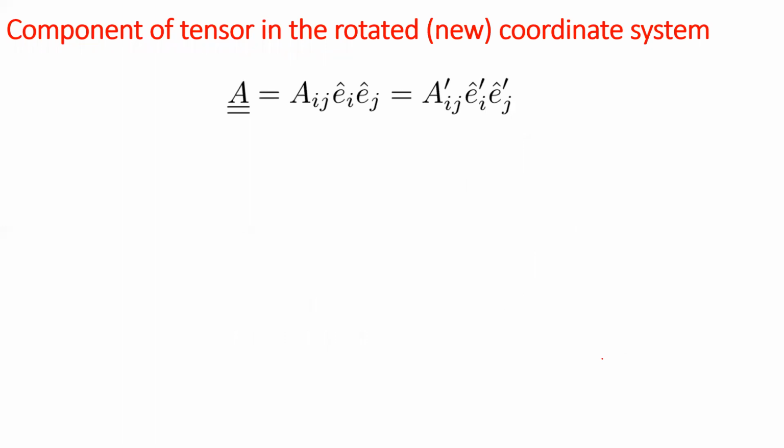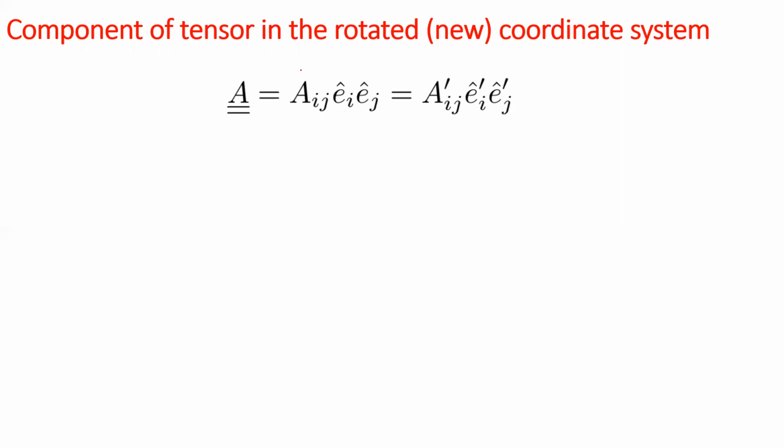So the tensor as such remains the same, but its corresponding components will change. So in the original coordinate system, the dyad is represented by EI, EJ. Whereas in the rotated coordinate system, it is EI prime, EJ prime. We need to identify the scalar component, which is A suffix ij prime. Everything is known.